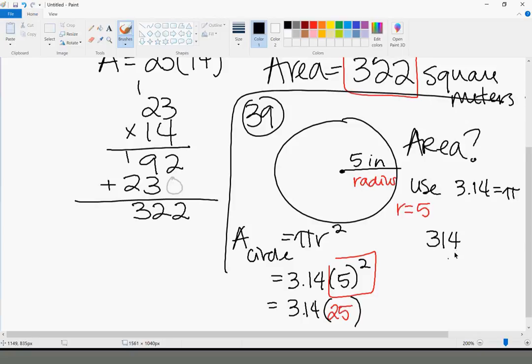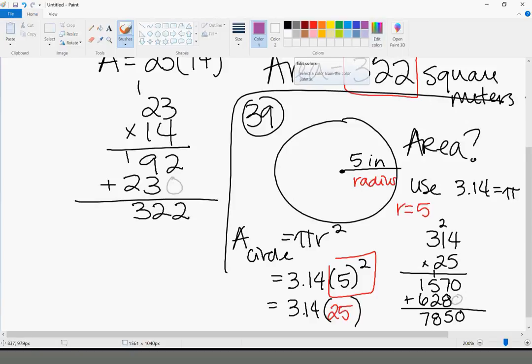So if I do that on the side here, you can ignore the decimal values when you multiply because you're going to add them back at the end. So 5 times 4 is 20, carry the 2. 5 times 1 is 5, plus 2 is 7. And 5 times 3 is 15. I'm going to put that 0 placeholder. 2 times 4 is 8. 2 times 1 is 2. And 2 times 3 is 6. So now I'm going to add vertically. 0, 7 plus 8 is 15, carry the 1. 1 plus 5 is 6, plus 2 is 8, and 1 plus 6 is 7.